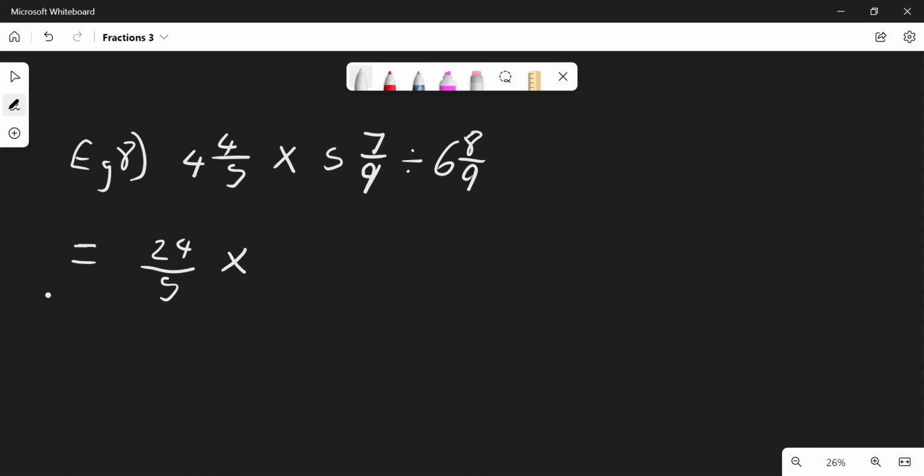Times 5 times 9, which is 45, plus 7, which is 52 over 9. The denominator stays the same, divided by 6 times 9, which is 54, plus 8, which is 62 over 9.